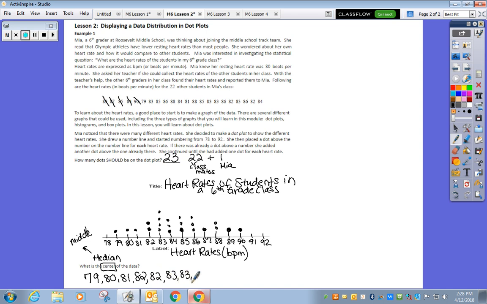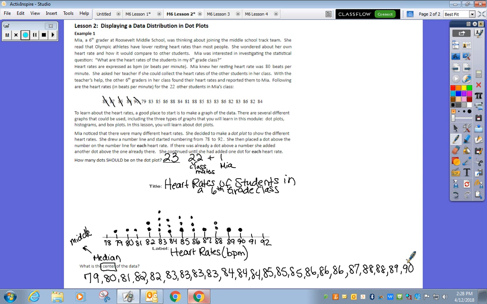I'm going to put 4 83s because there's 4 83s, 3 84s, and so on. So I want to make sure that I'm getting every single number on that list. Okay, so there they all are.